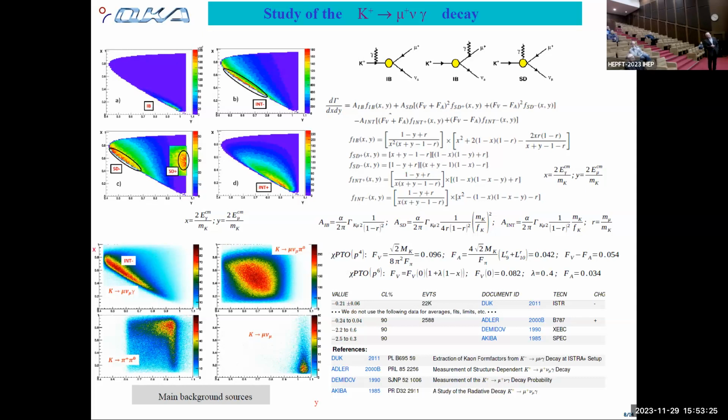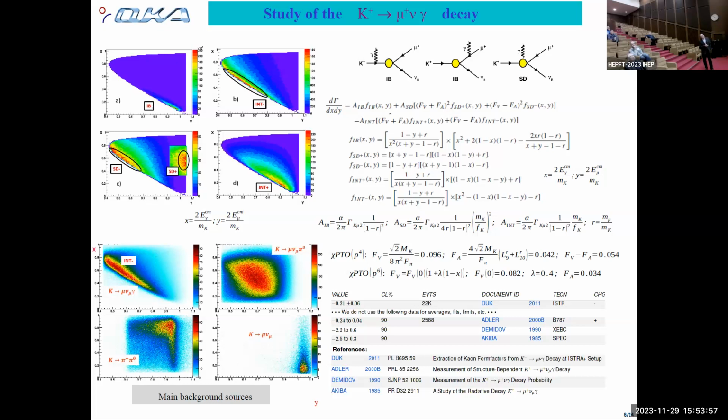The SD and INT terms depend on vector and axial vector form factors. You see how they are used here as a sum of these form factors and a difference. The corresponding terms are called SD plus, SD minus, INT plus and INT minus. This decay is interesting because it lives on the borders of the Dalitz plot.